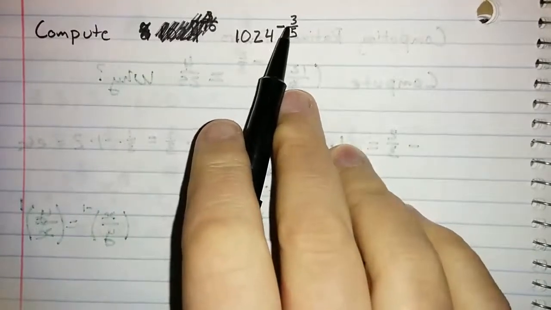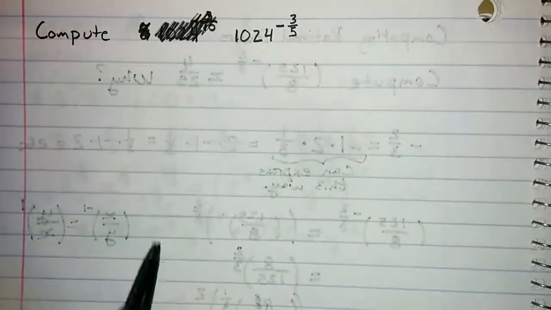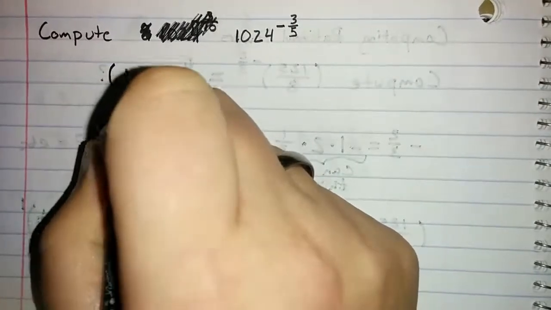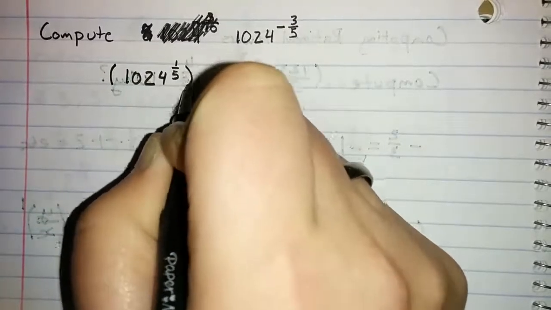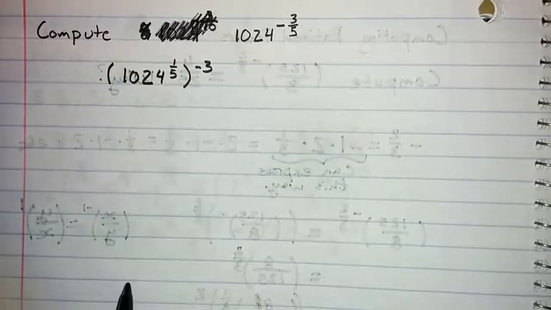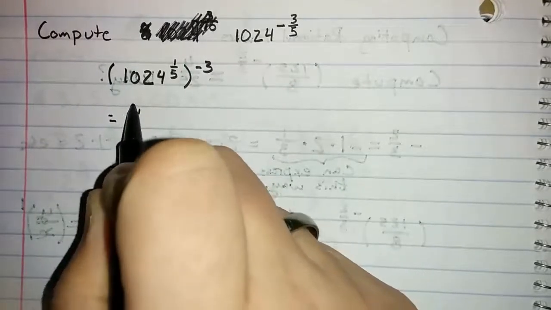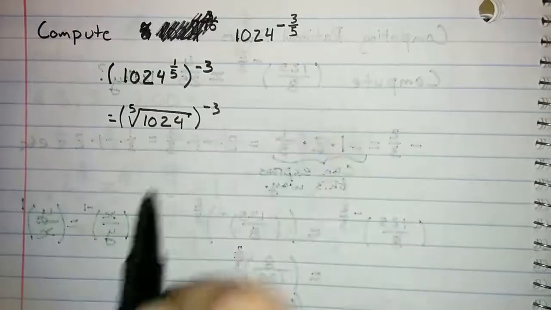Notice I'm going to leave the negative right until the end because right now I have a whole number. So I'll have 1024 to the 1/5 to the negative 3. That'll be the 5th root of 1024 to the negative 3.